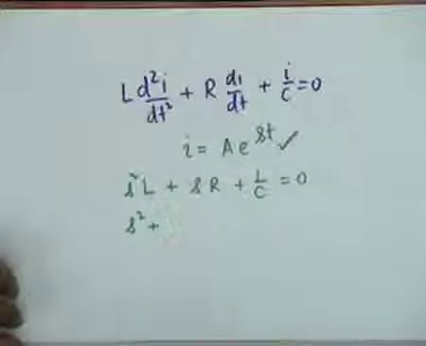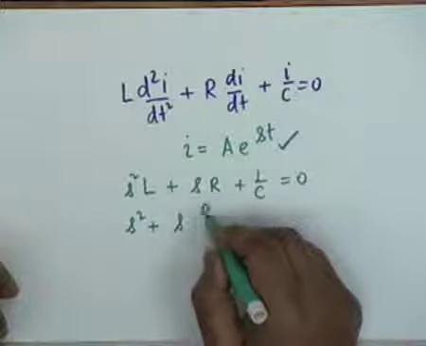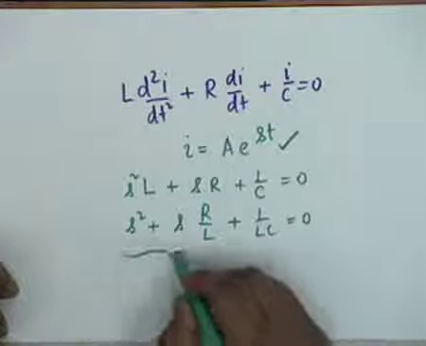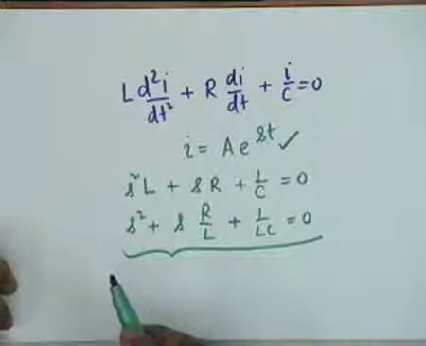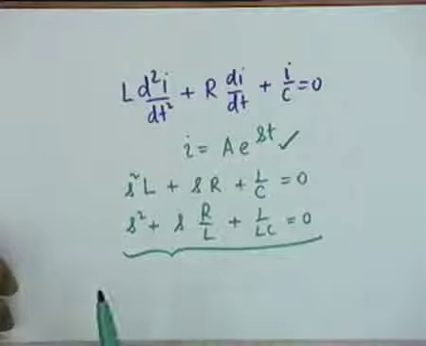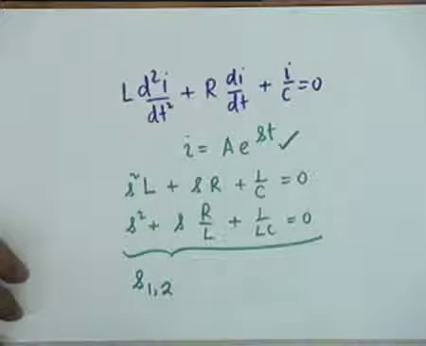As you see here, this equation s squared plus sR by L plus 1 by LC equal to 0 is a quadratic equation. So there are 2 values of s which satisfy the equation. Originally, in the first order circuit, it was only 1 value of s. Here there are 2 values, and these 2 values are s1,2.